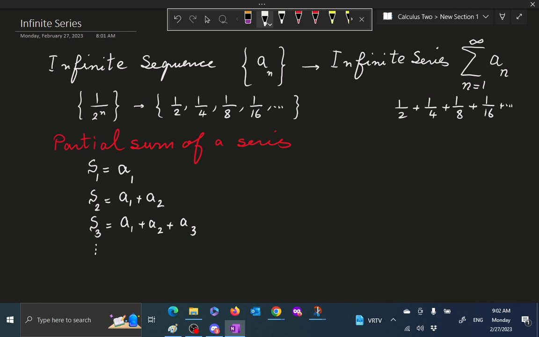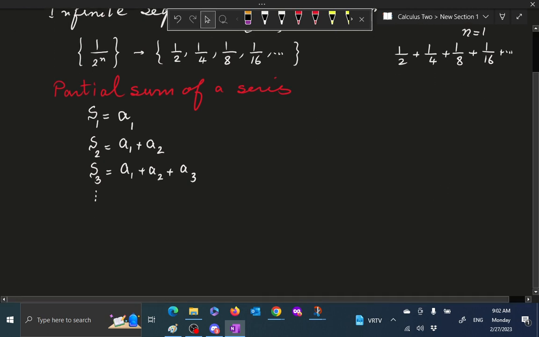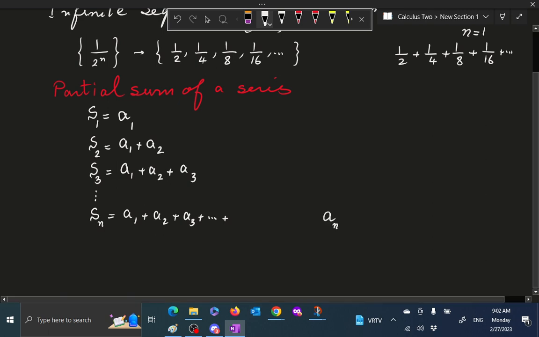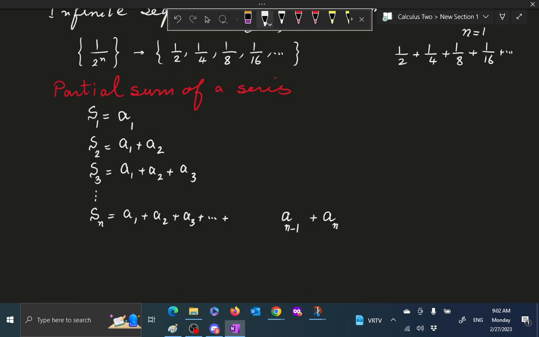So if we come to S sub some large number n, we understand that now. As before, we start with a1, a2, a3, and so on we go. And then at the very end, we are going to be adding the last of the a's we have picked, and we are aware that the one prior to that would be a sub n minus 1.